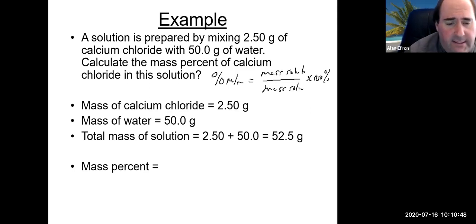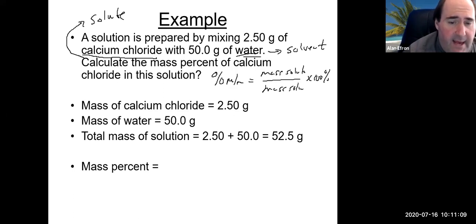Now, when we look at this, remember that the calcium chloride here is going to be our solute, as it is the smaller part of the solution. The 50 grams, which is larger than 2.5, is our solvent in this case.